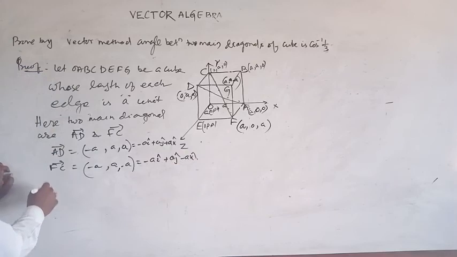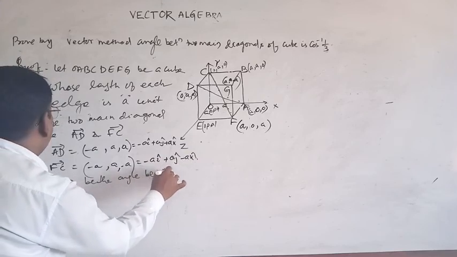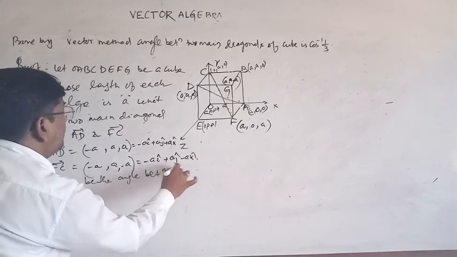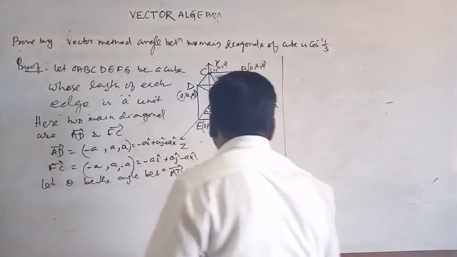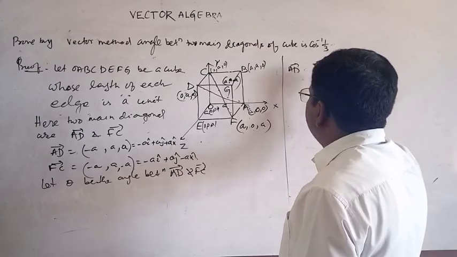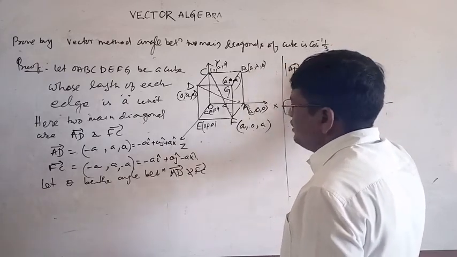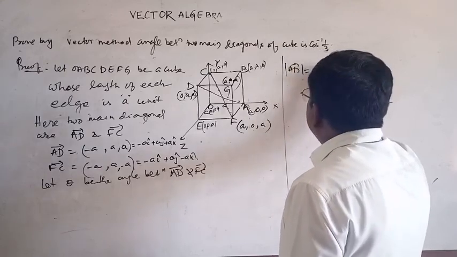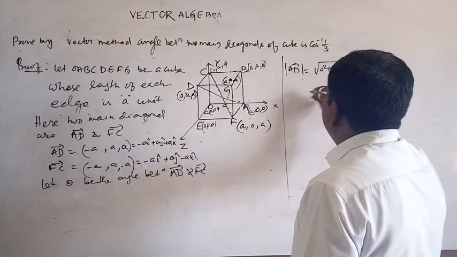Now let theta be the angle between the AD vector and the FC vector. Now AD dot FC. AD magnitude is equal to the square root of a square plus a square plus a square, that is root 3 a.